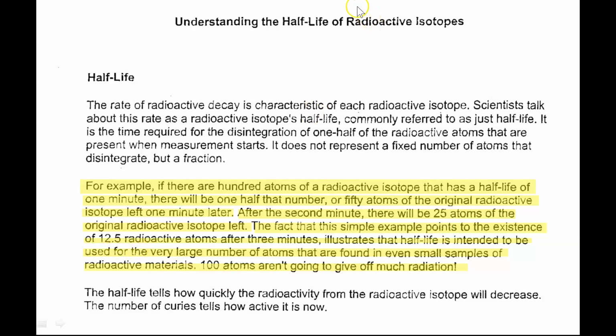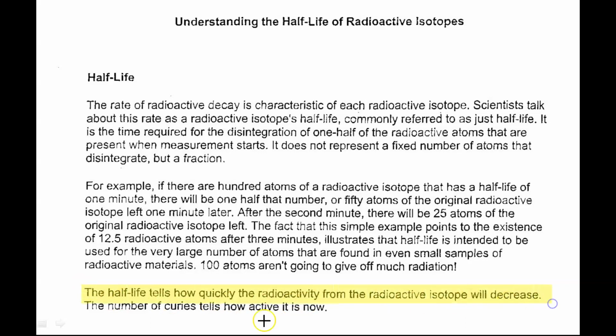Okay? So in a nutshell, the half-life tells how quickly radioactivity from the radioactive isotope will decrease. Radioactivity can be measured in units called curies.